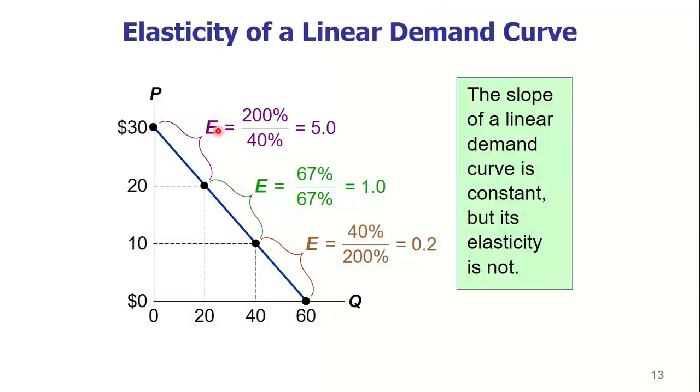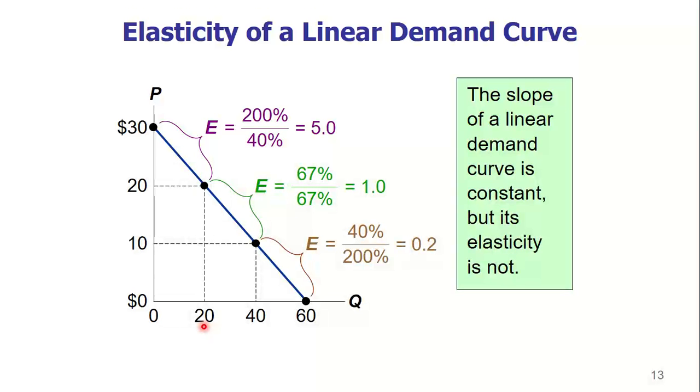Here E is the abbreviation for elasticity, and more specifically the price elasticity of demand. Calculations of percentage changes use the midpoint method. That is why the increase from Q0 to Q20 is 200% rather than infinity.